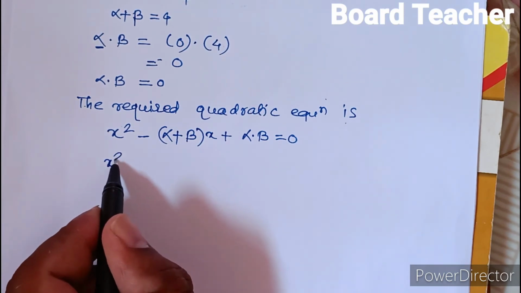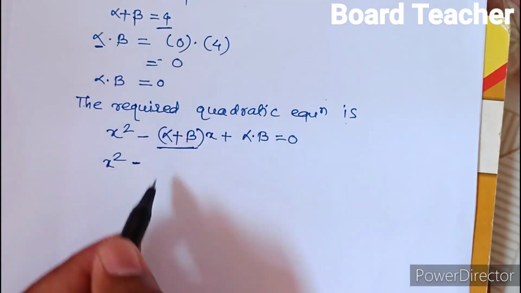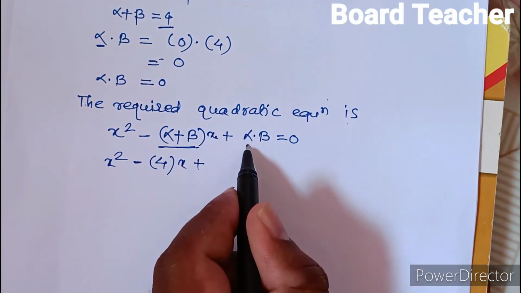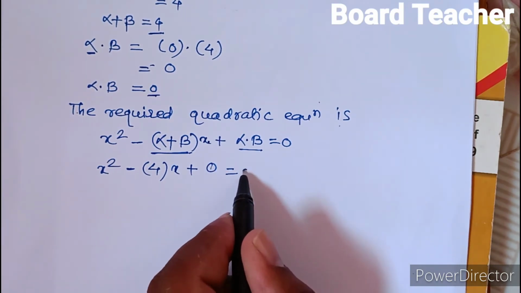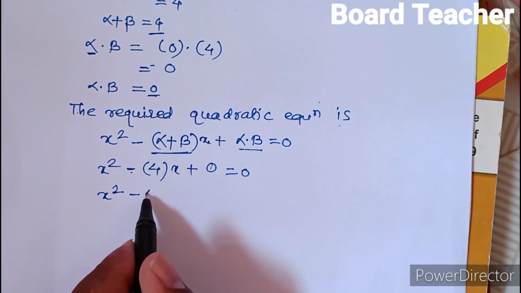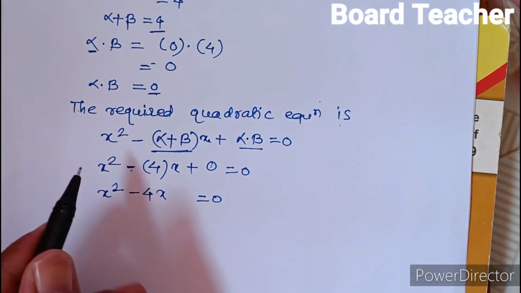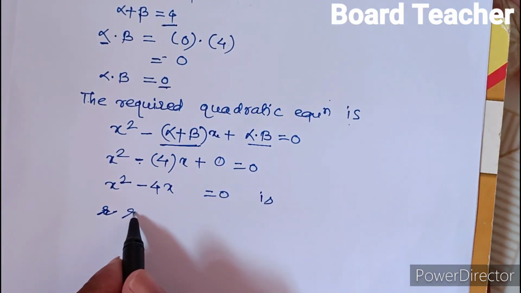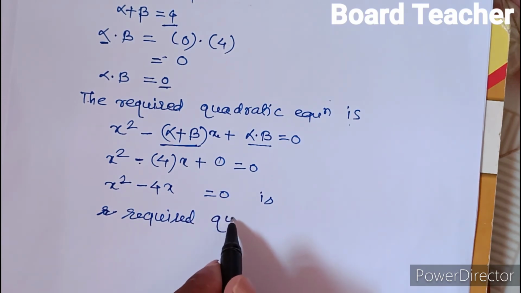Now x square as it is, minus the value of alpha plus beta, which is 4, so 4x as it is, plus alpha dot beta, the value is 0, equals 0. Now x square minus 4x plus 0 equals 0. Now this is the required quadratic equation.